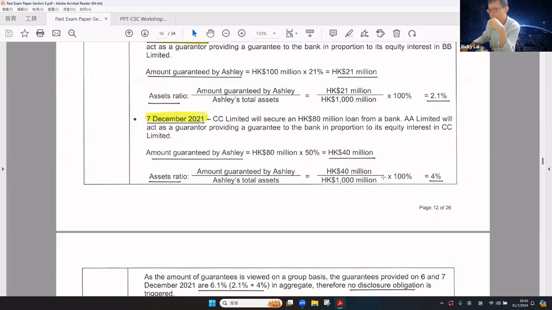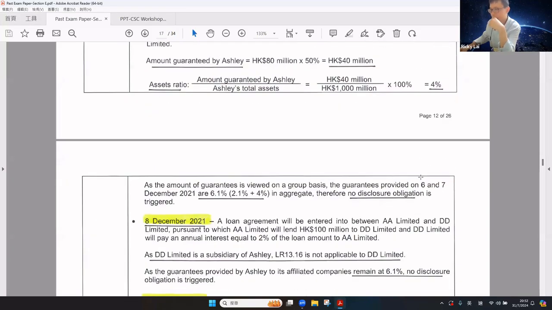Over the total assets, that is 4%. Because the listing rule requires the amount of guarantee to the affiliate company to be viewed on a group basis, the guarantee on these 2 days is 2.1% plus 4%, that is 6.1% in aggregate. Since the asset ratio is not 8% or more, no disclosure obligation is triggered.